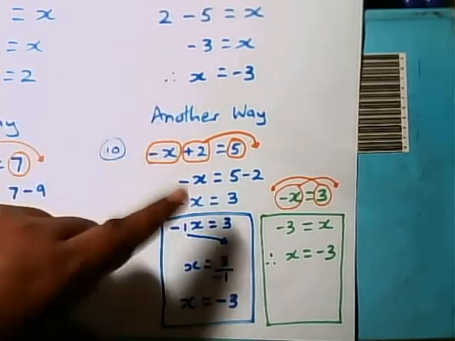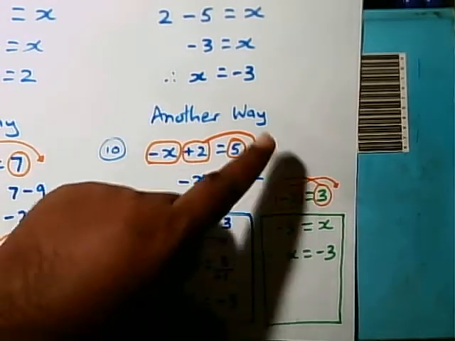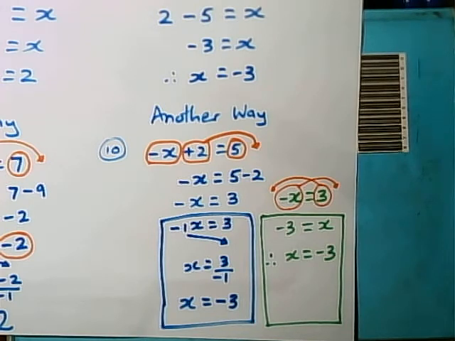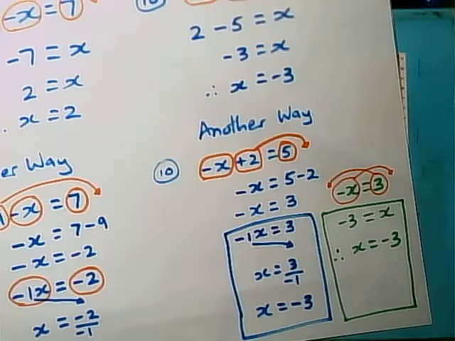This way, that way, or this way. You probably have other ways that you could work it out as well, but those were the ways with my techniques. All right. That was question 10.